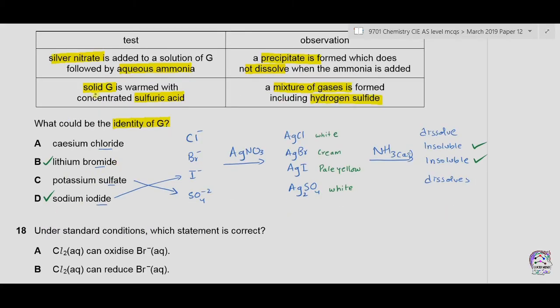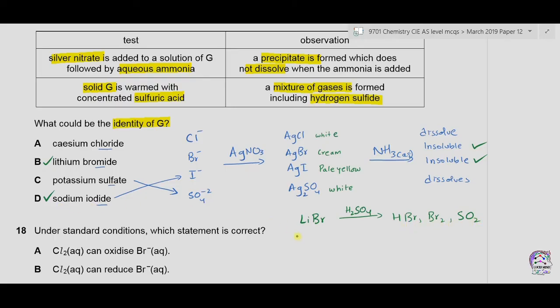For the second test, we have solid G which is warmed with concentrated sulfuric acid. Let's look at these options B and D. Lithium bromide, when it reacts with concentrated sulfuric acid, forms HBr, bromine gas and sulfur dioxide gas.